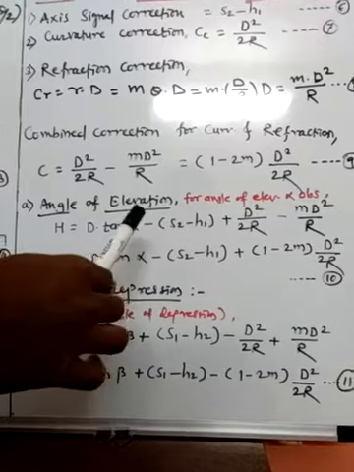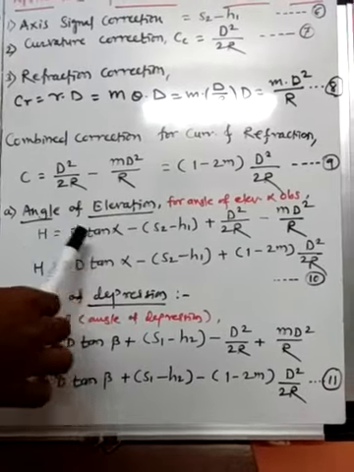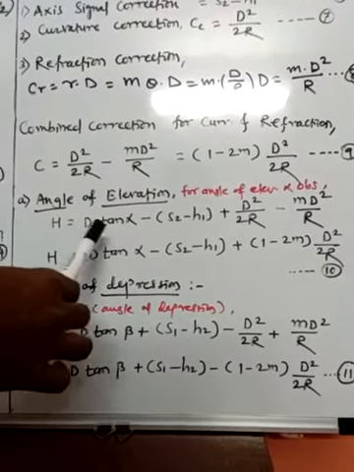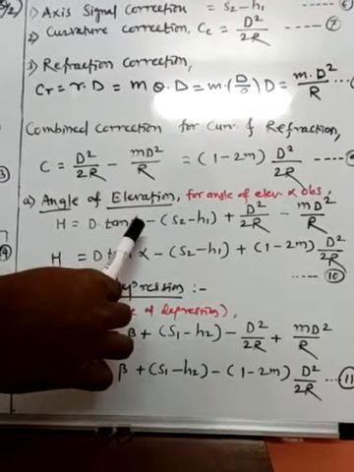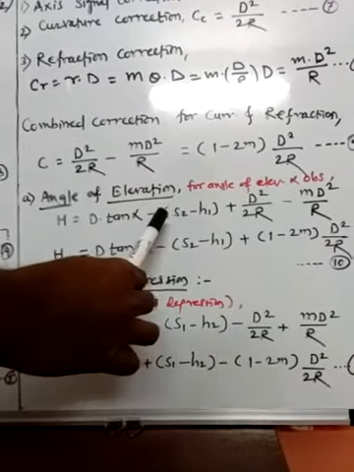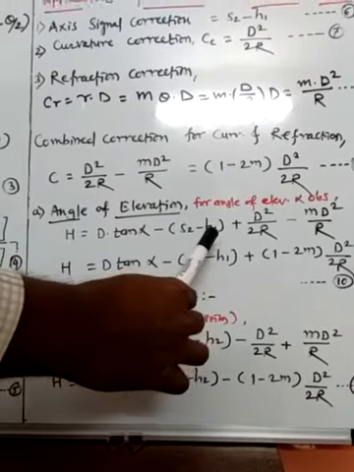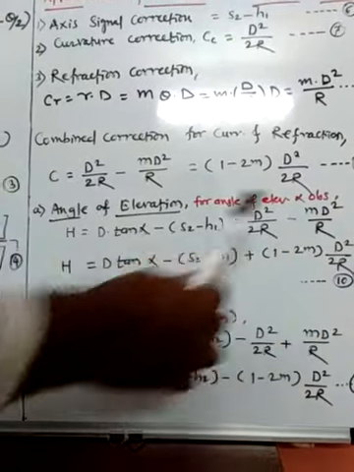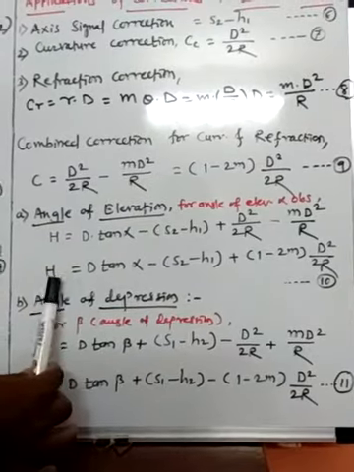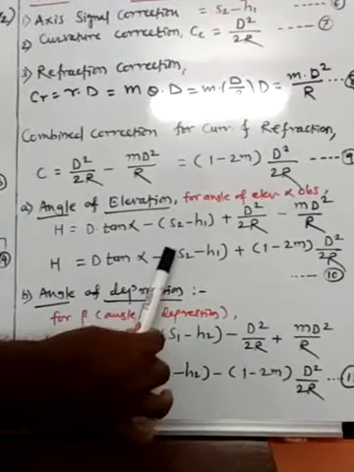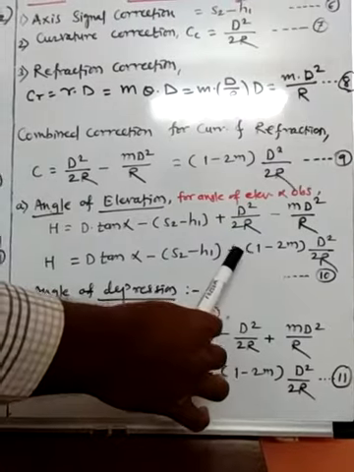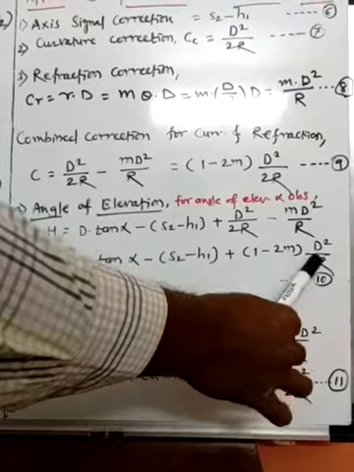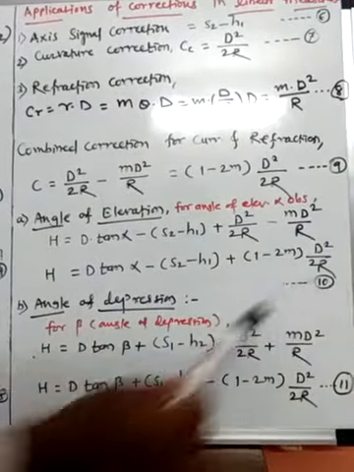This is nothing but that angle term minus the height of signal minus the height of instrument plus the curvature correction minus the refraction correction. So the equation can be written as H equals D tan alpha minus (S2 minus H1) plus (1 minus 2m) into D square divided by 2 times R. This is equation number 10.